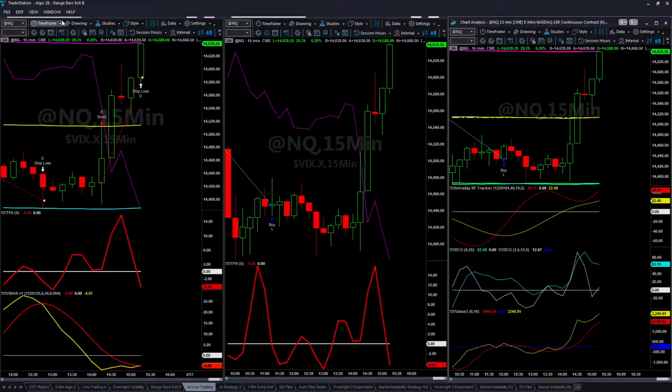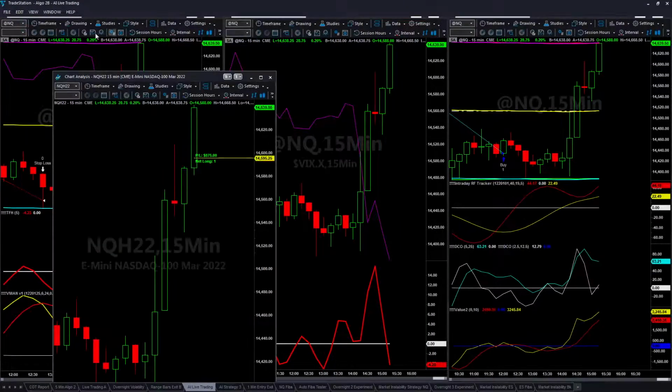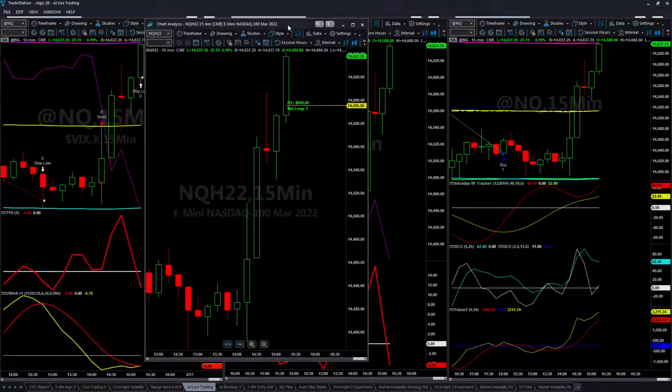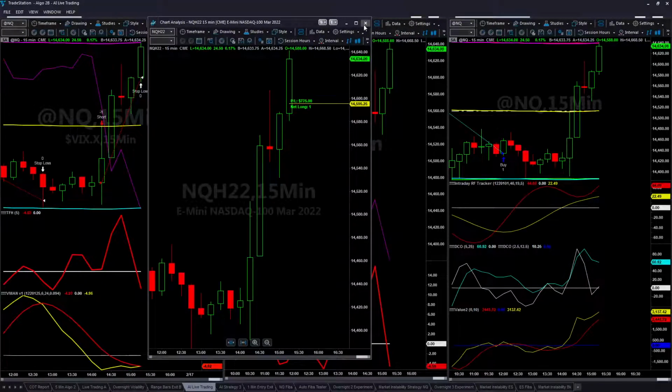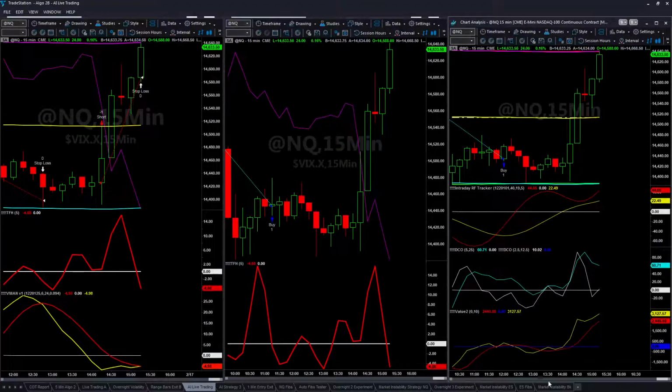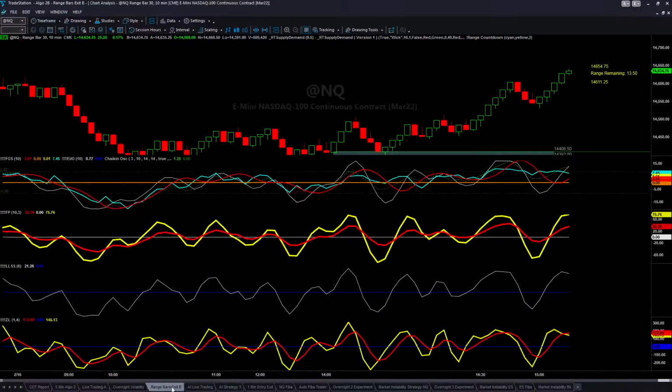Let's see, you guys would love to see P&L. Here you go. Where was I at? Oh, range bars right here. Very nice trend. Whenever this little white trace goes above the channel, that means you've just entered into trend mode.